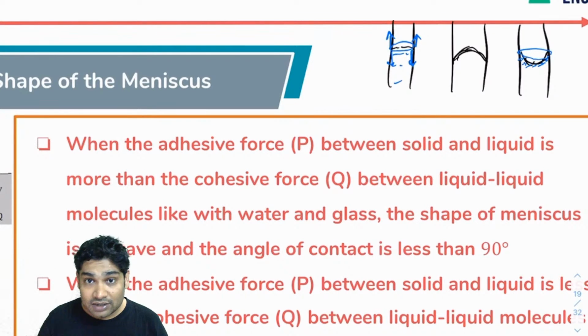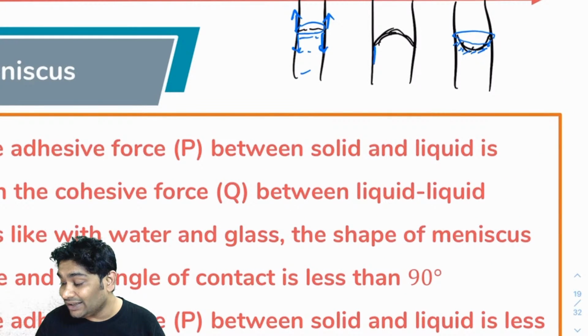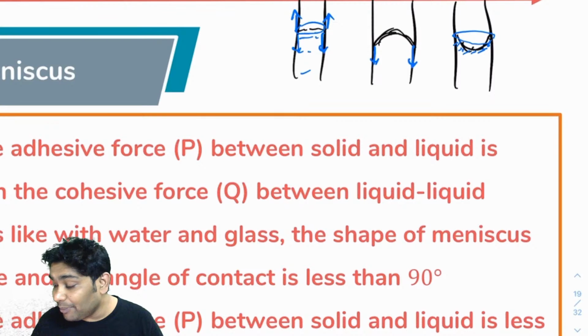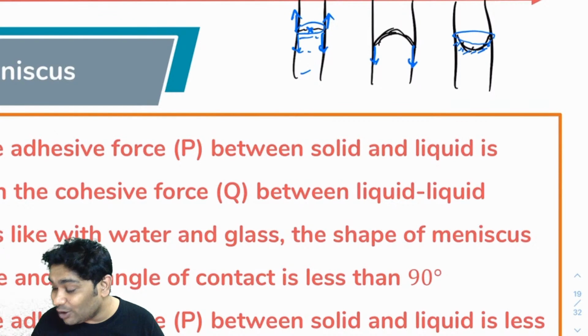Similarly, if the opposite were true, if the cohesive forces were stronger, then the liquid below would end up pulling these surfaces down. Why? Because there is a disbalance of force. All the forces on these molecules are fine. They are here due to surface tension and the downward pull.